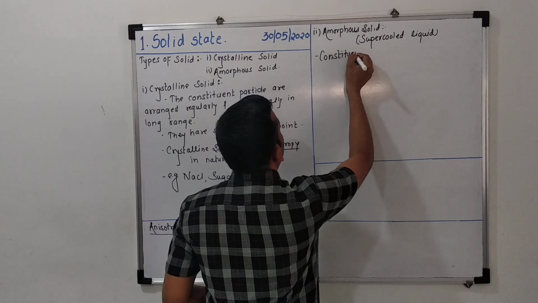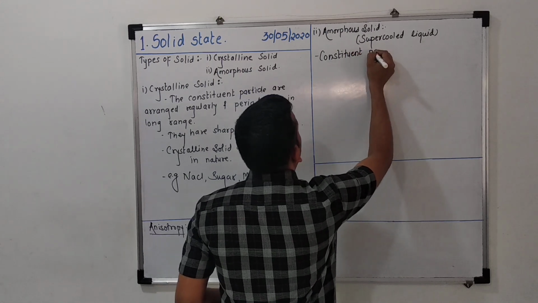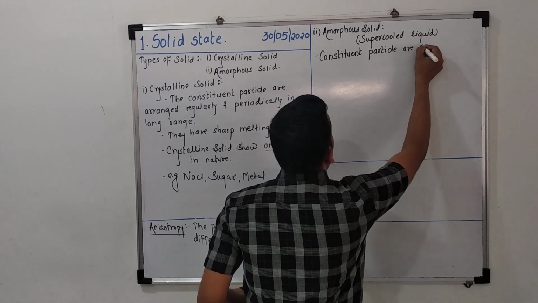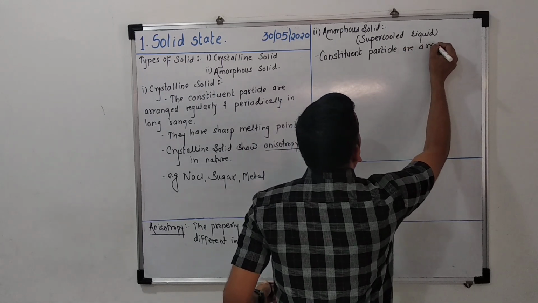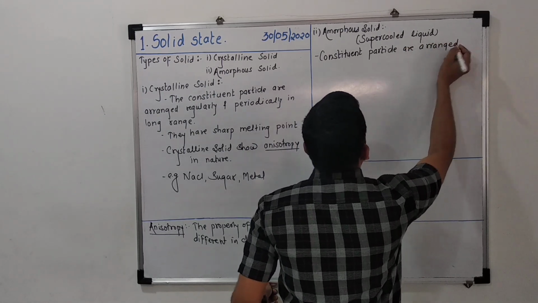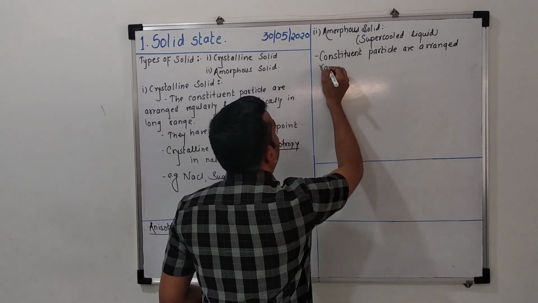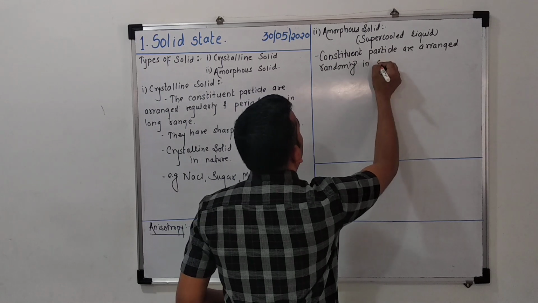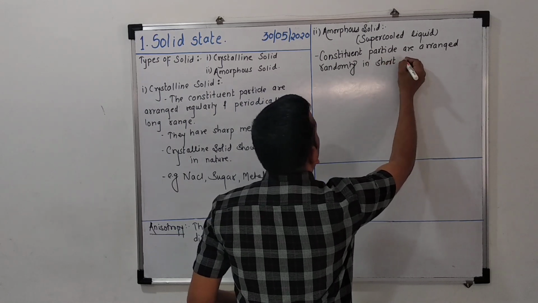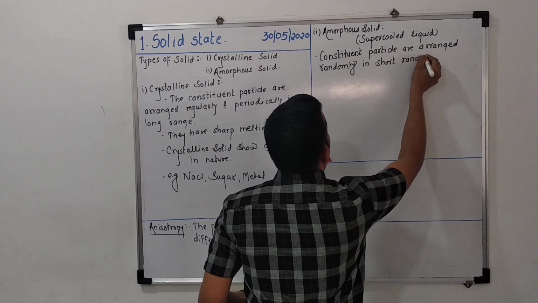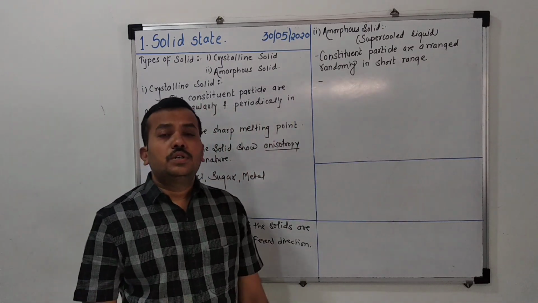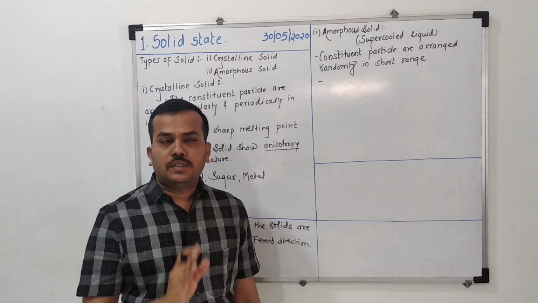Constituent particles are arranged randomly in short range. They do not show sharp melting points.